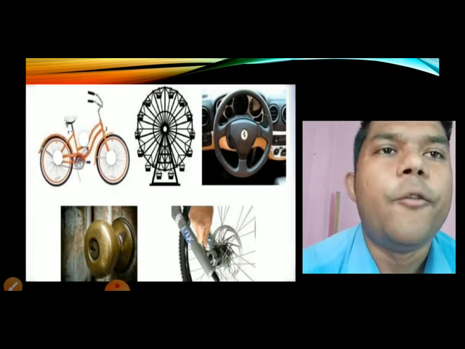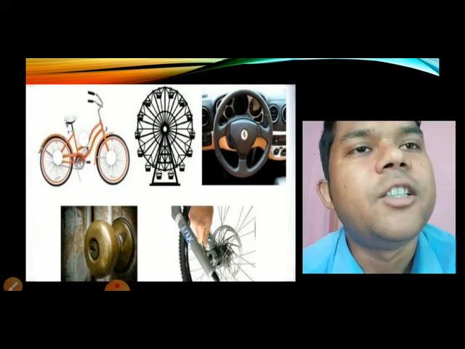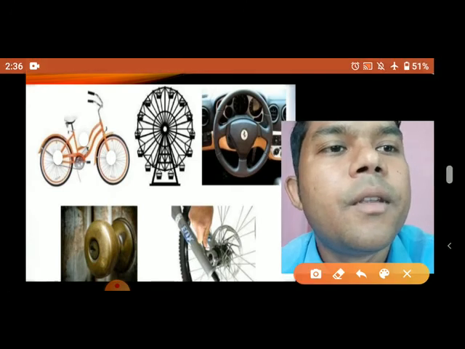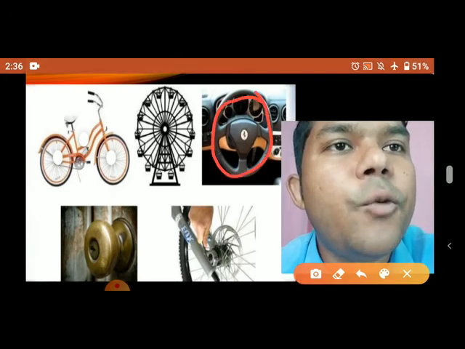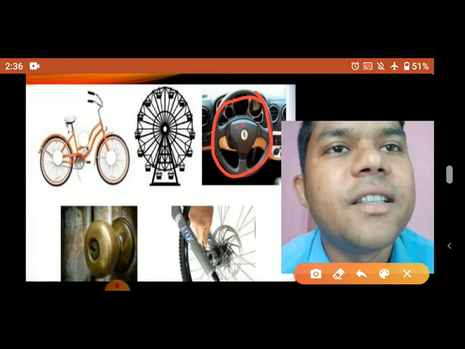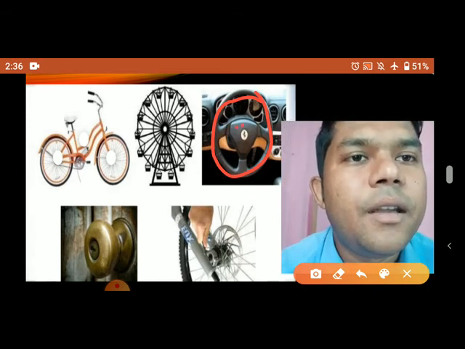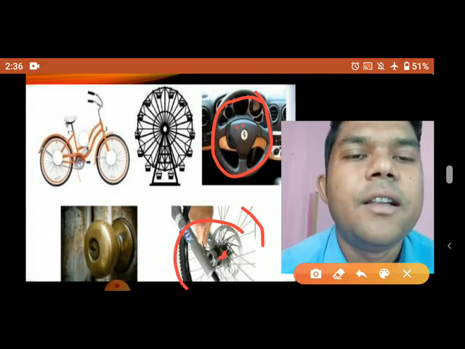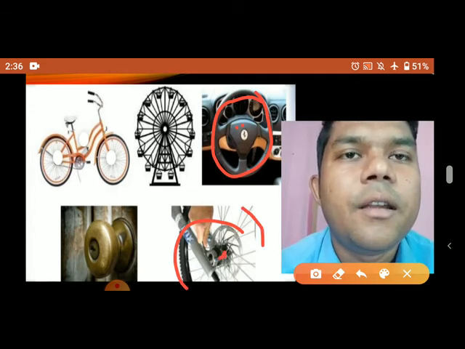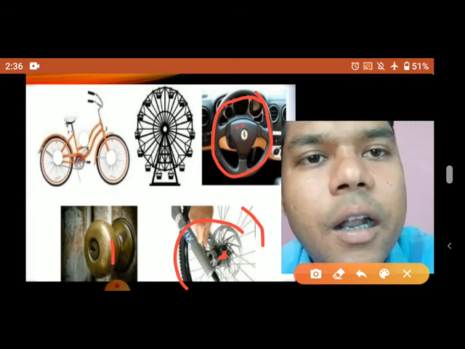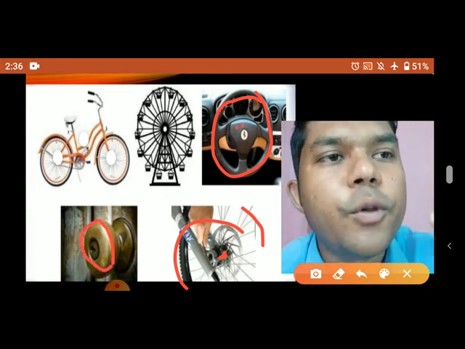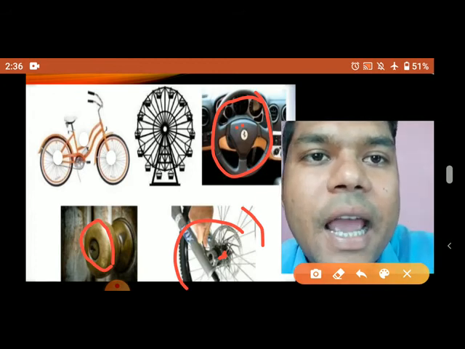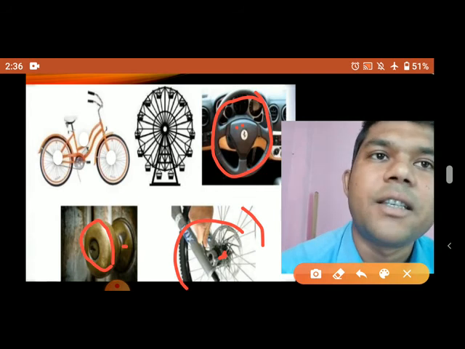Many examples of wheel and axle you can see, like in the steering of a car. The bigger one is the wheel, and the smaller one is attached to it. In the cycle, the bigger one is the wheel, and the smaller one is the axle. In the doorknob, the bigger one which we pull is the wheel, and the attached smaller one is the axle.